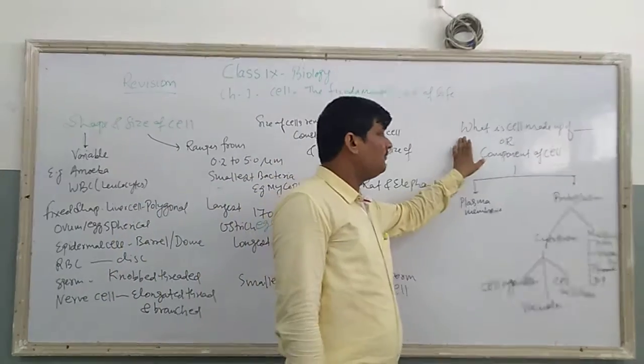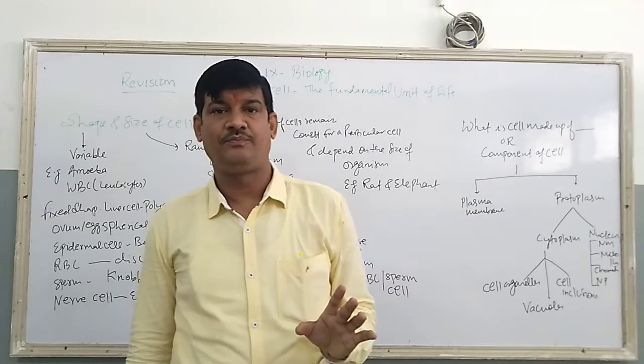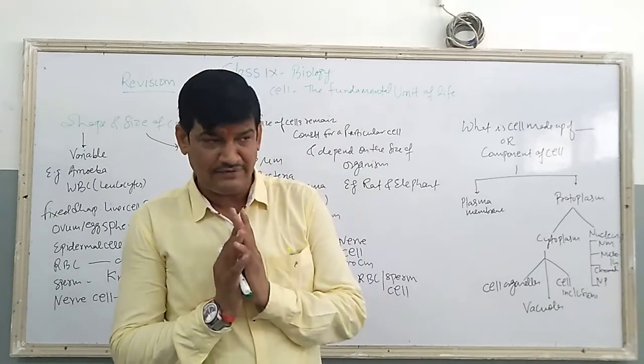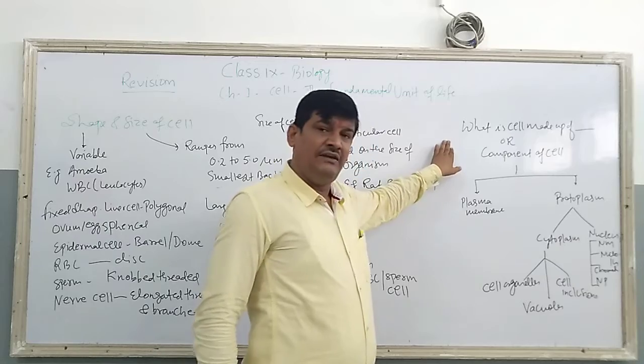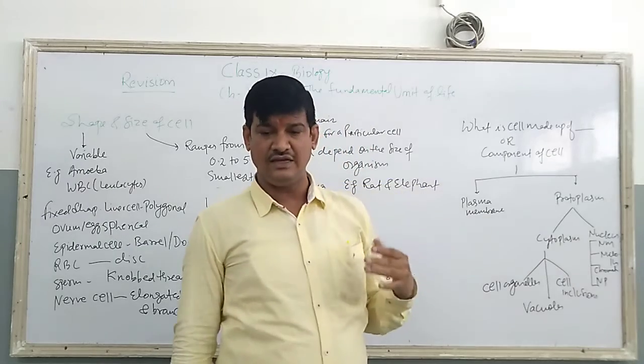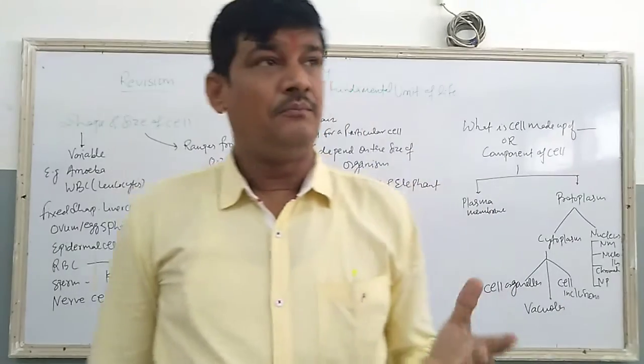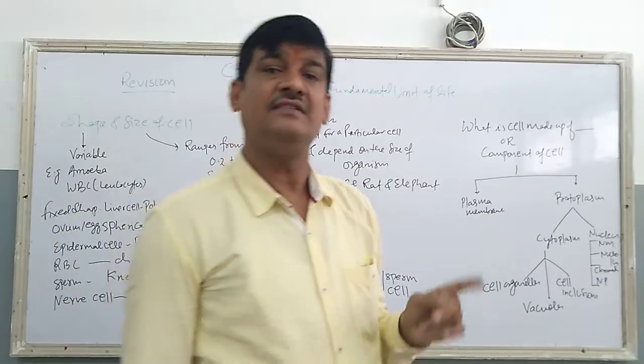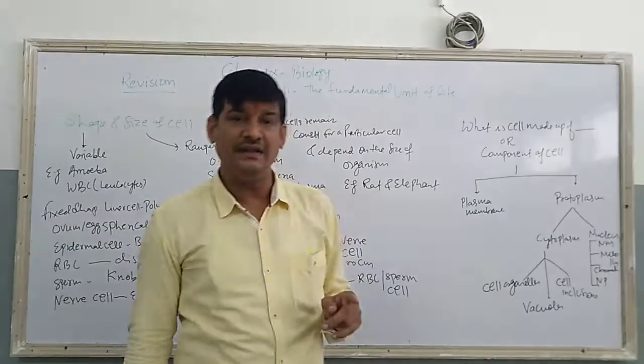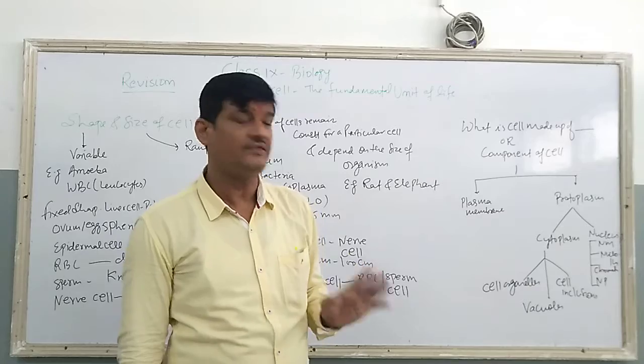Now come to what are the components of a cell. What are the parts of a cell? For your information, in class 8 you have studied that plant cell has a cell wall, but animal cell does not have a cell wall.